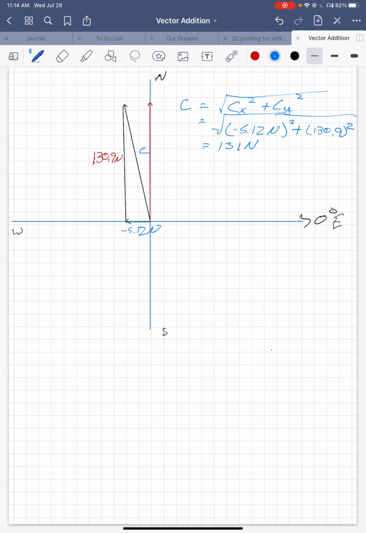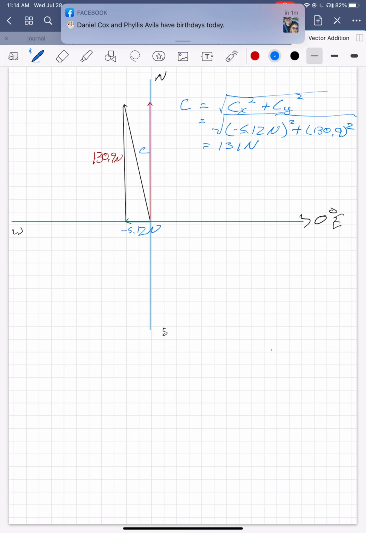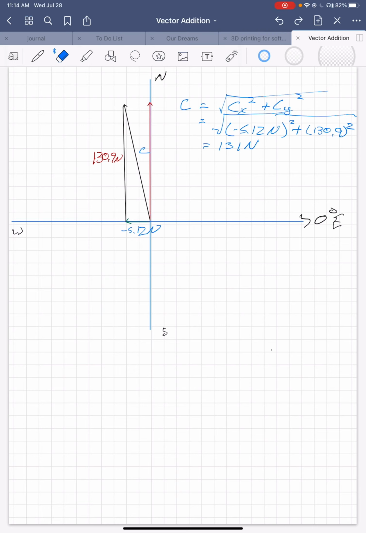Now to find that angle, I got to be careful. Okay, so I could say, well, let's find this angle right here, and then rewrite it in terms of what I know. Okay, so this angle, we'll say theta, is equal to the arctangent of 130.9 over 5.12.